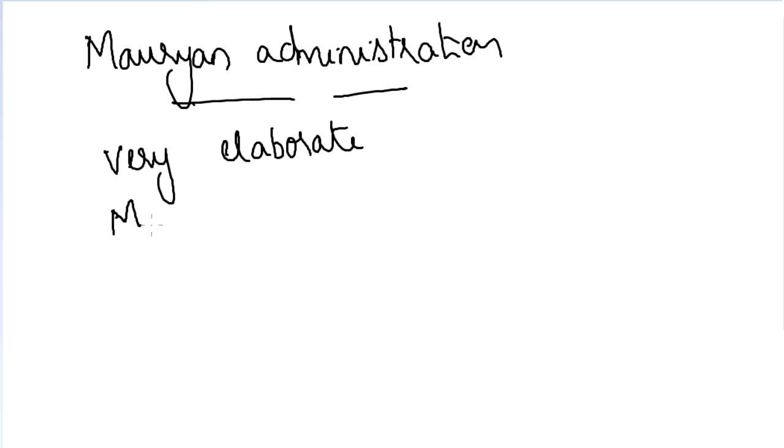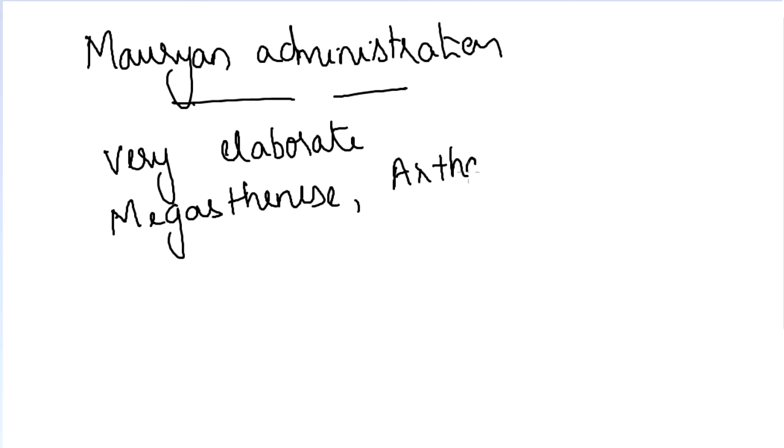The main sources regarding the Mauryas were Indica by Megasthenes and Arthashastra by Kautilya. All these works give information about the Mauryan administration.